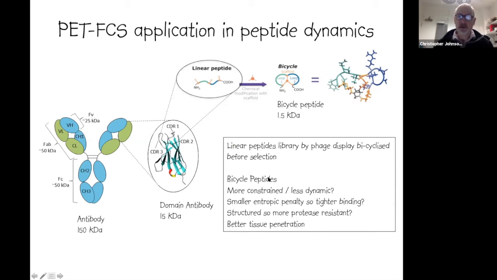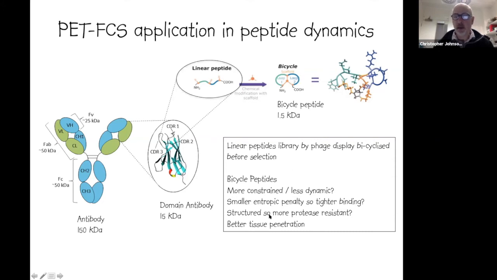The advantages of bicycle peptides were proposed to be that they were more constrained and less dynamic. And as a result, there's possibly a smaller entropic penalty when they bind onto targets relative to an unconstrained or linear peptide.